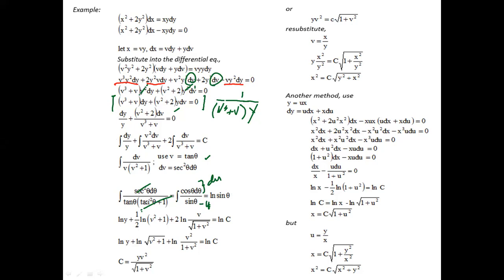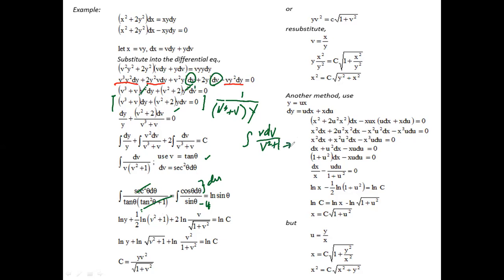So ln of y. For this one, why is it an ln of v squared? It's not indicated here. v squared plus 1. Okay, there's a need for me to simplify this. If you factor out the v in here, it will cancel one of the v's here, so you will have v dv. And your denominator, if you have already factored out the v, will be v squared plus 1.